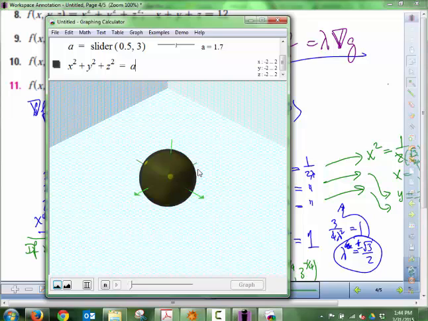Yeah. So that is going to be the maximum value where the two surfaces are kissing. So the first value where they kiss is supposed to be here. You can kind of see it.